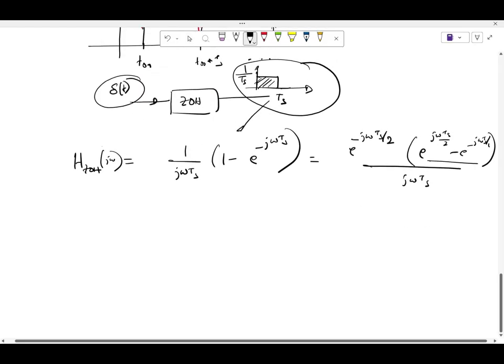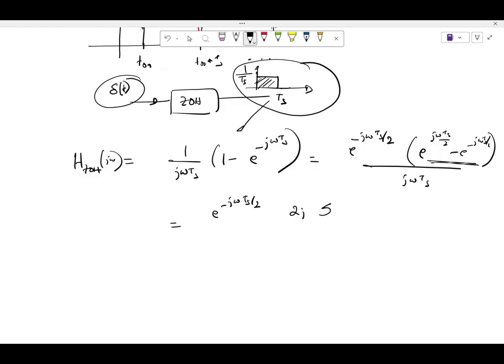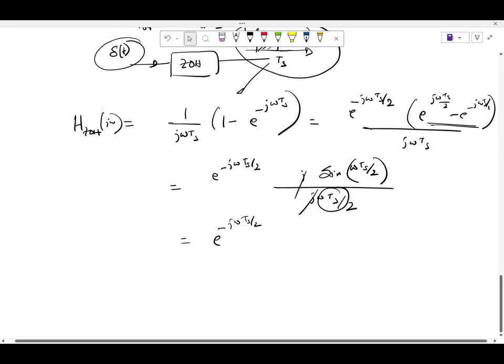So this becomes twice of j sine. And this 2, I can take this 2 out. So I can rewrite this as, yeah, sinc, right?